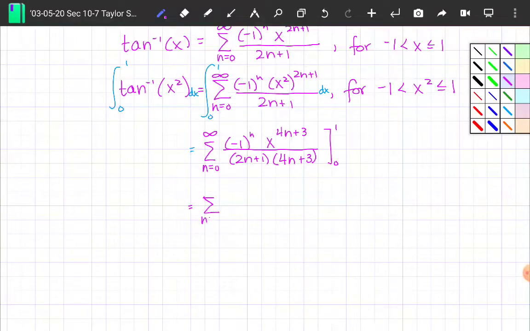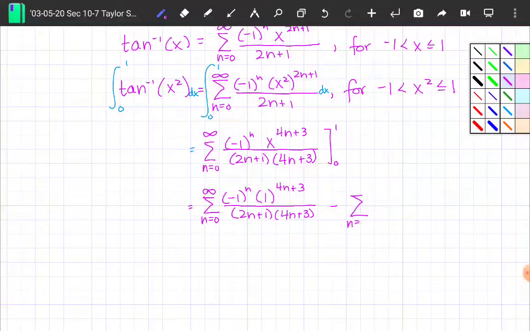So it's a summation as n goes from 0 to infinity of -1 to the nth, 1 to the 4n plus 3 over 2n plus 1 times 4n plus 3, minus the summation as n goes from 0 to infinity of -1 to the nth times 0 to the 4n plus 3 over 2n plus 1, 4n plus 3.